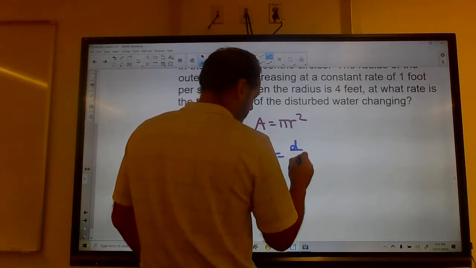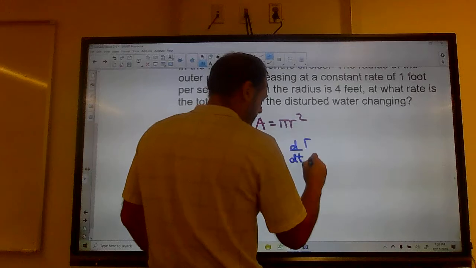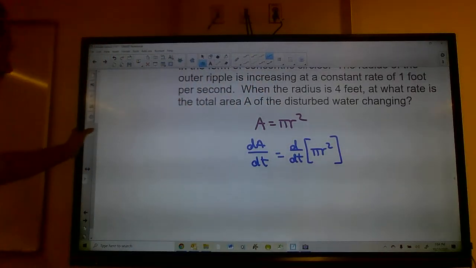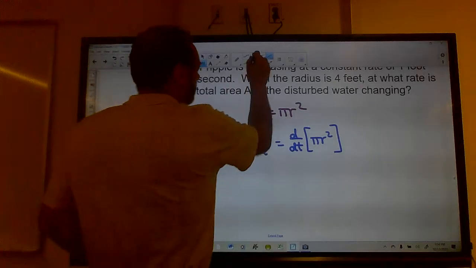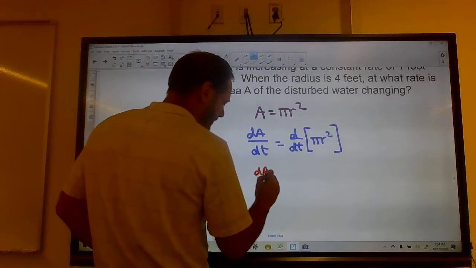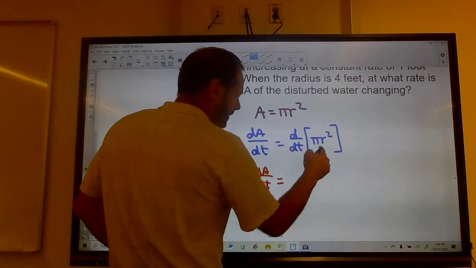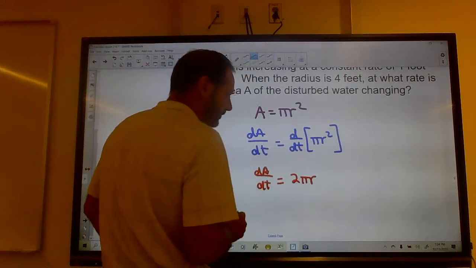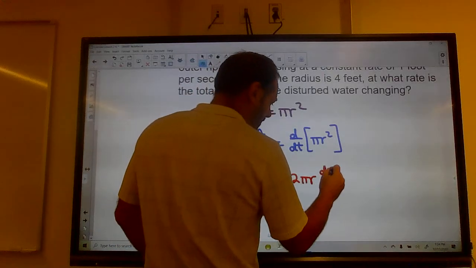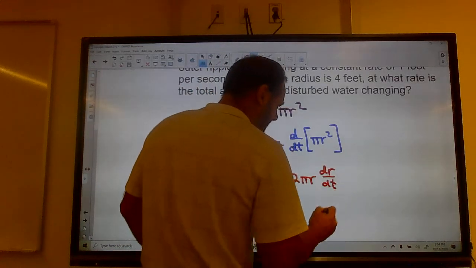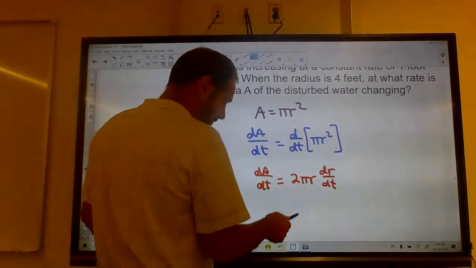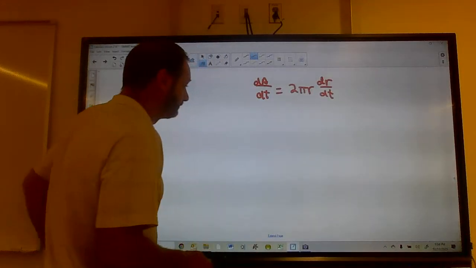It's going to be the derivative with respect to time of pi r squared. So that's going to be 2 pi r dr/dt, because r is not t, so we're finding the derivative of r with respect to t.